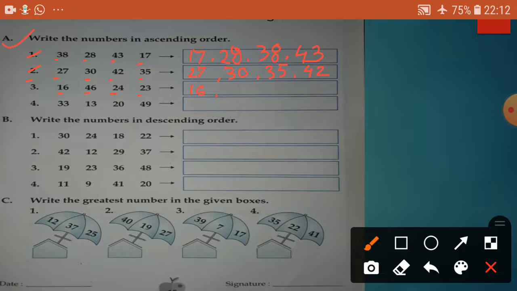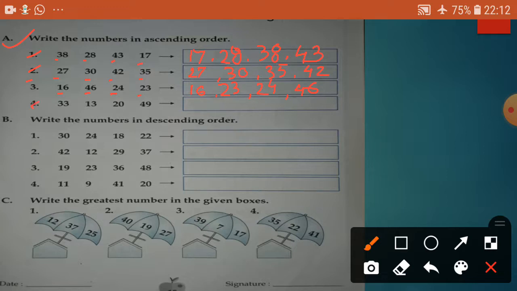Next you see 24, 23. So 23 first number, after 23 comes 24. So you write first 23, after 23, 24, and last 46. Okay.